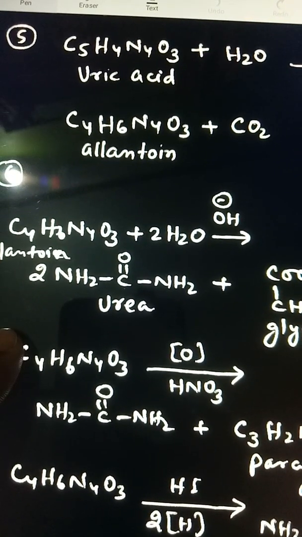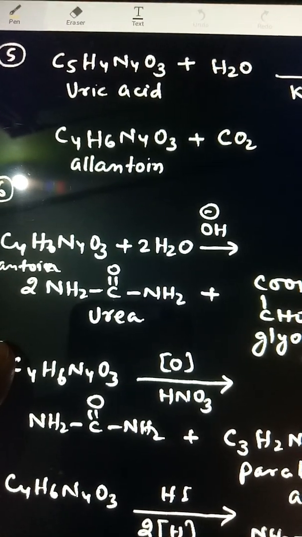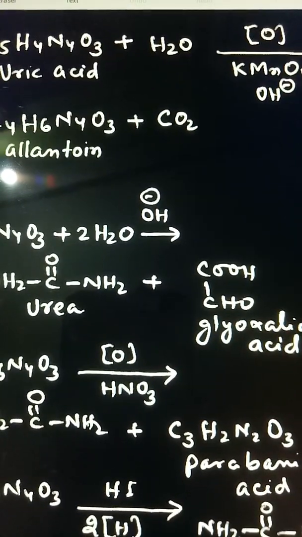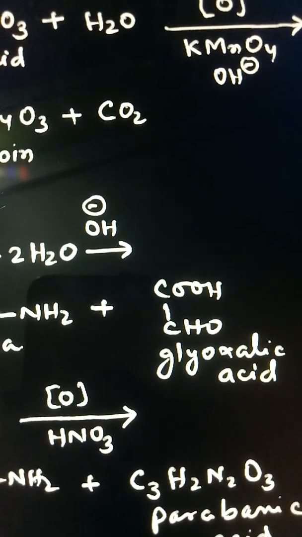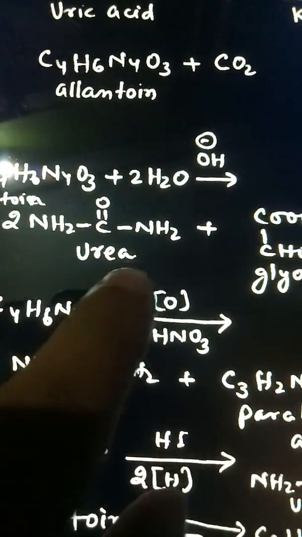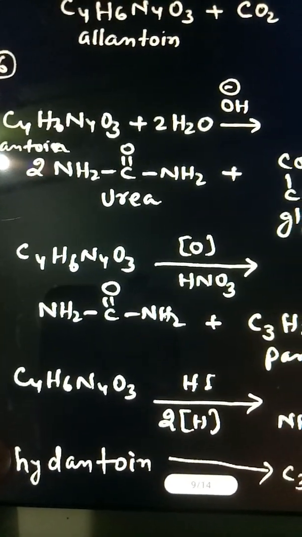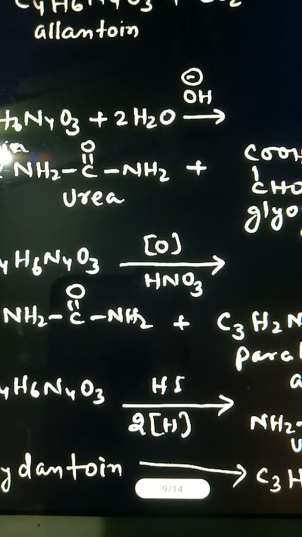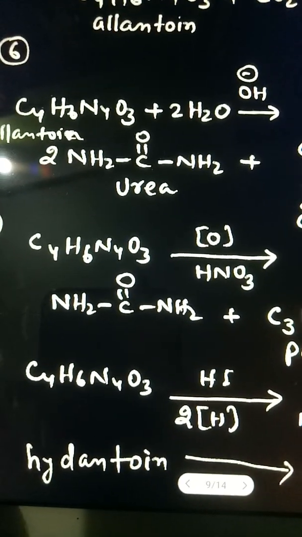Structure of allantoin: when hydrolyzed with alkali, allantoin forms 2 molecules of urea and 1 molecule of glyoxylic acid. On oxidation with nitric acid, allantoin forms urea and parabanic acid in equimolar proportions.